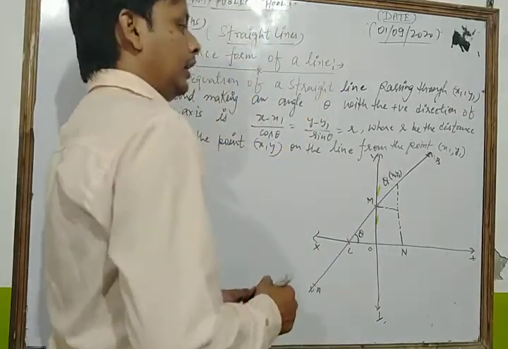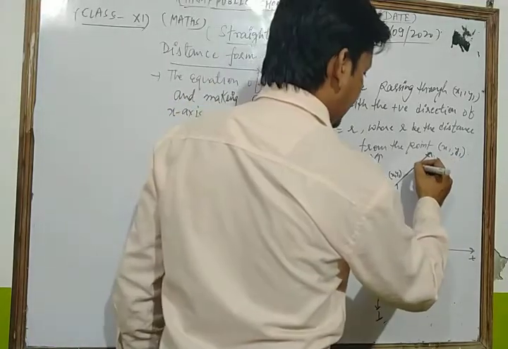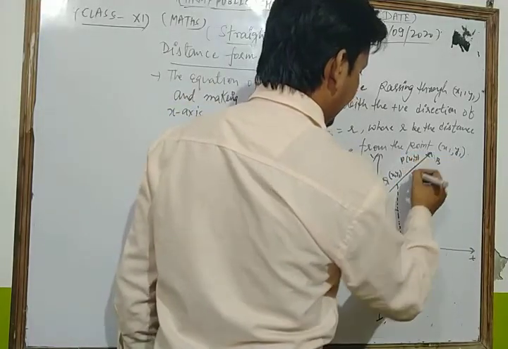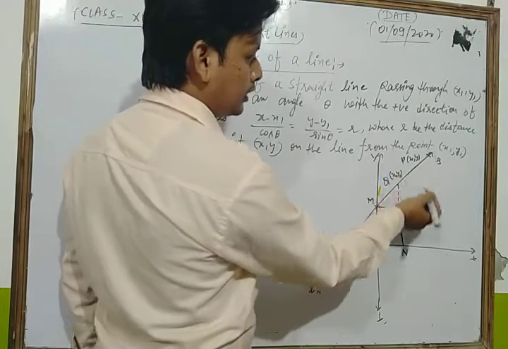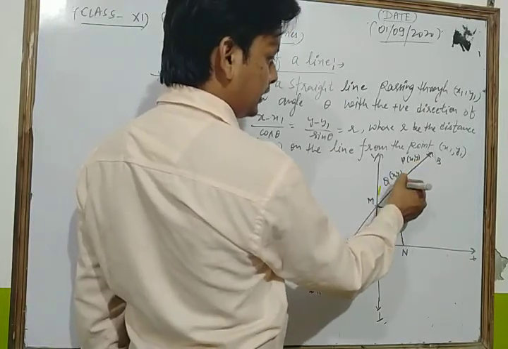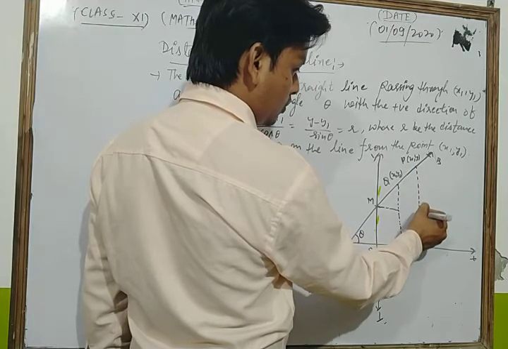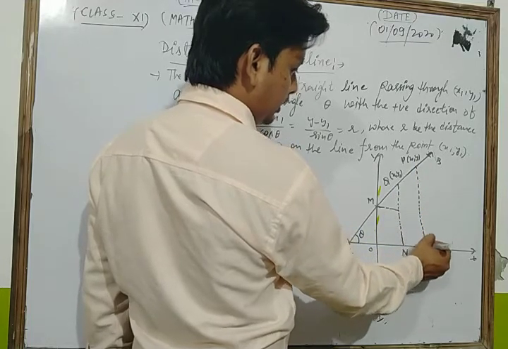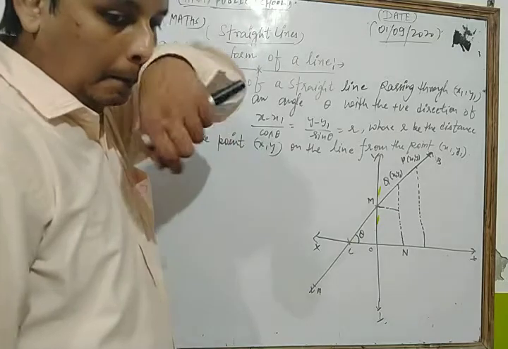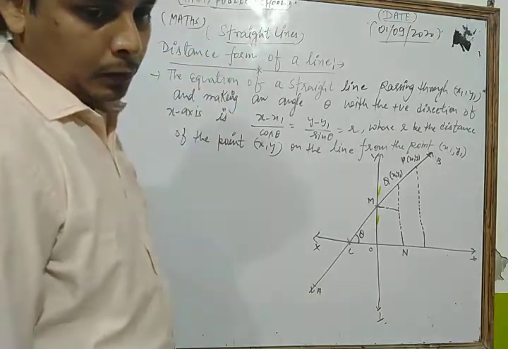Let us take another point P(x, y) lying on the line, and the distance of that point from the point Q is r. We also draw the perpendiculars in this way.